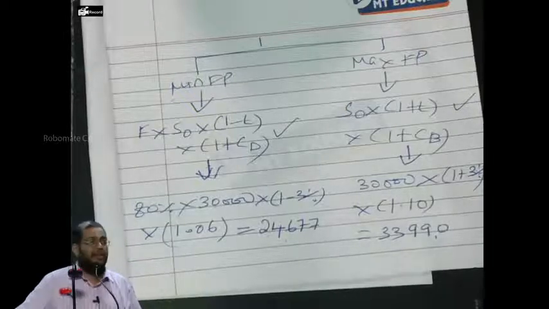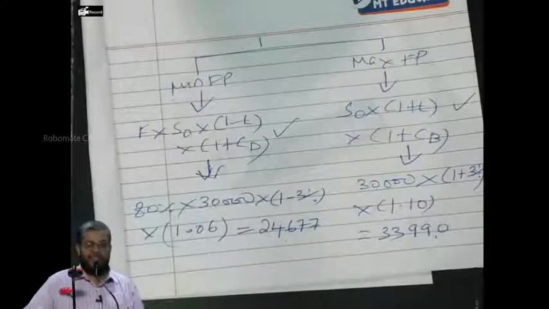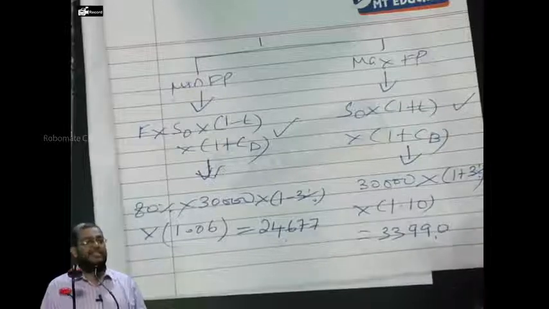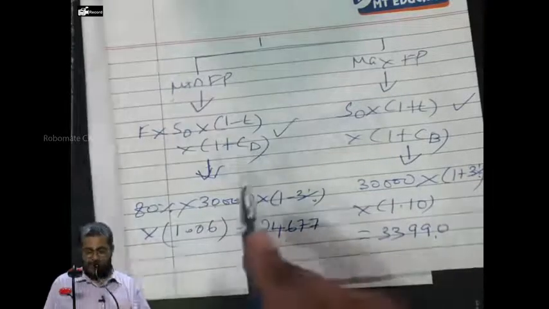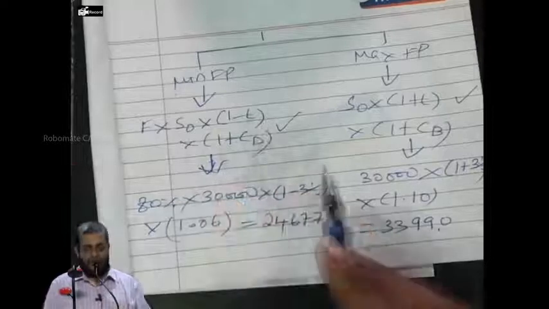Arbitrage exists. Everybody understanding now? Next point, 6 or 7? Point number 7. Understanding minimum futures price.